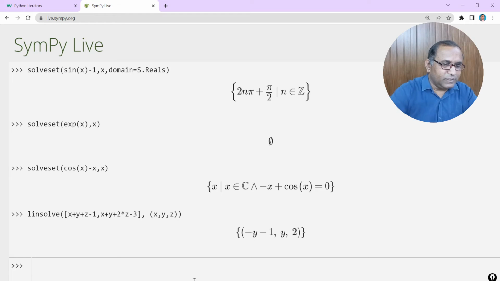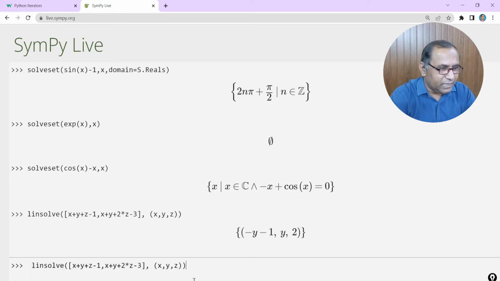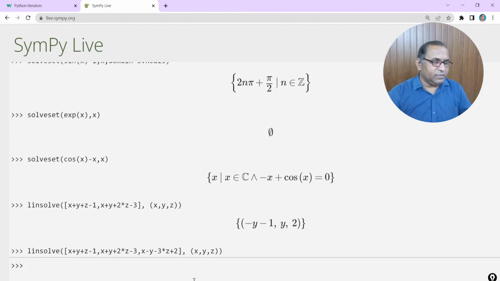Suppose we insert one more equation in the above. Here I am entering one more equation: x minus y minus 3z plus 2. When we enter, this will also return the solution.